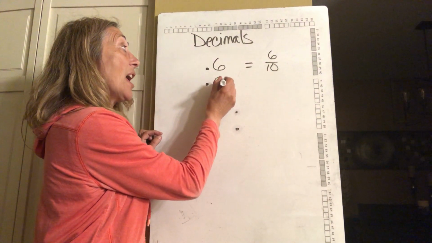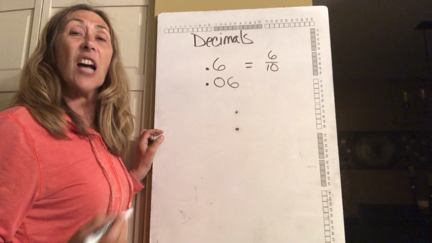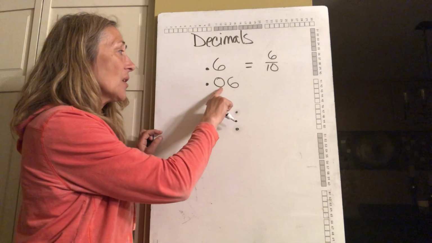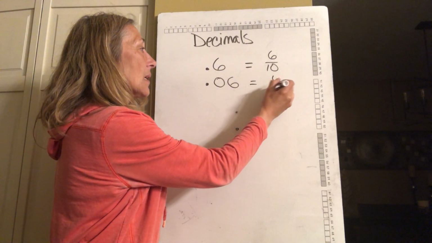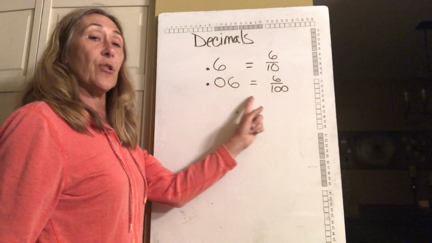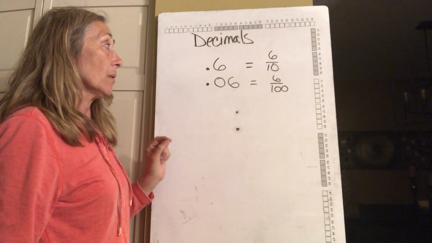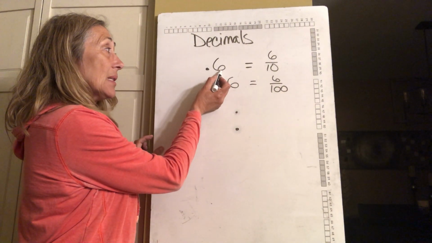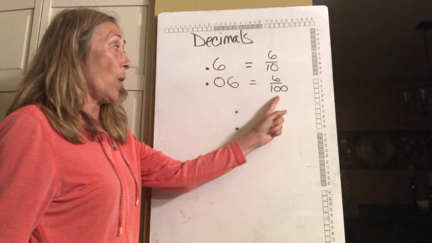I have no tenths, but I have a 6 in the hundredth spot. So this would be 6 hundredths. The further to the right I go, the smaller the number, because this is 6 tenths and this is 6 hundredths.